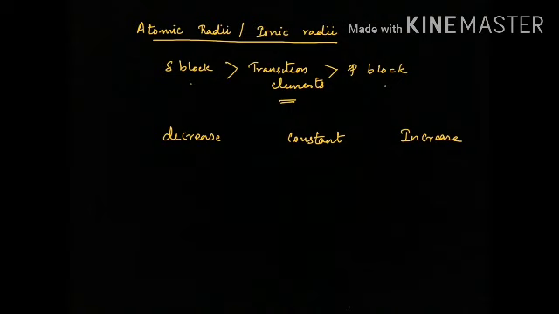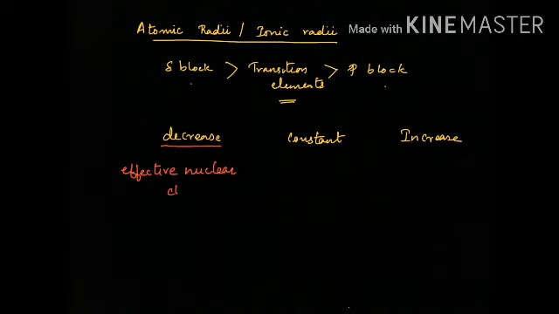Okay, so now we can check the reason behind this deviation. The first one is that when we go across a particular transition series, first the atomic radii decrease. As we have discussed, this is because of the increase in the effective nuclear charge. We know that when the atomic number increases, the effective nuclear charge increases.